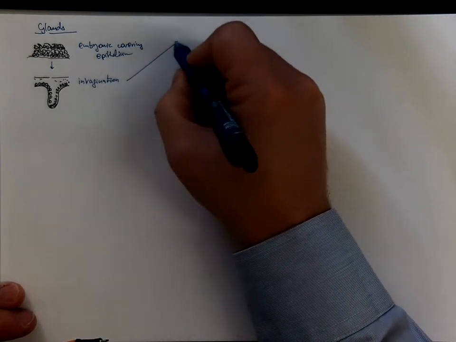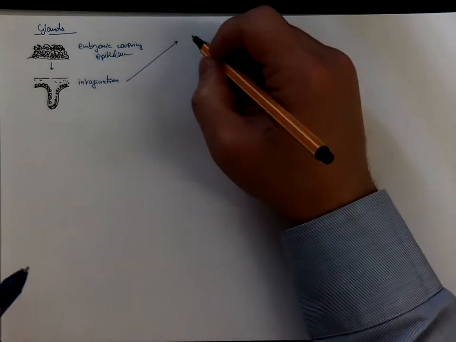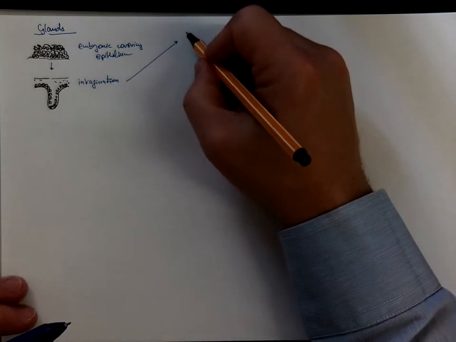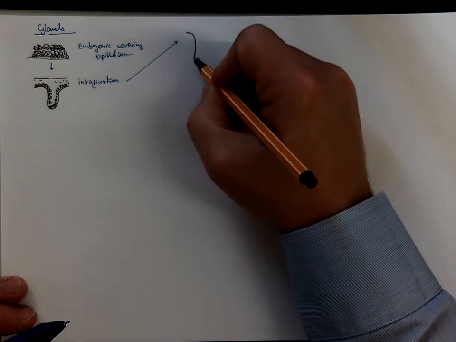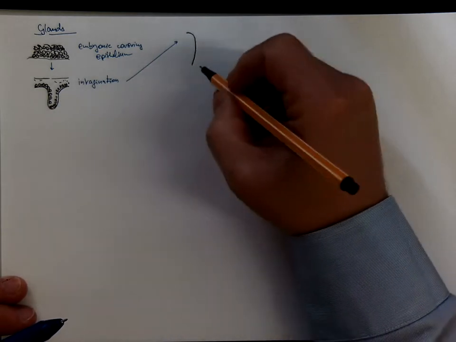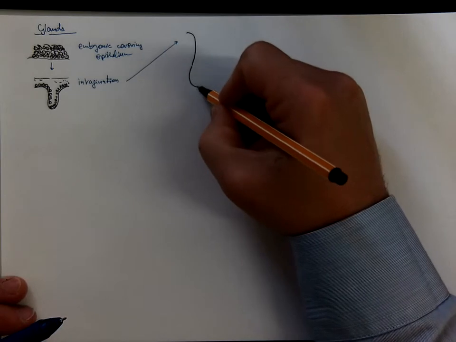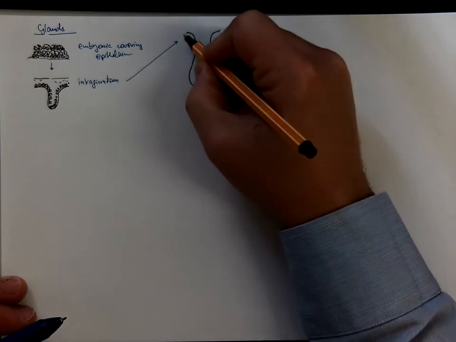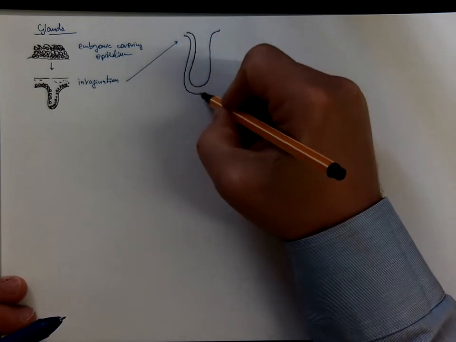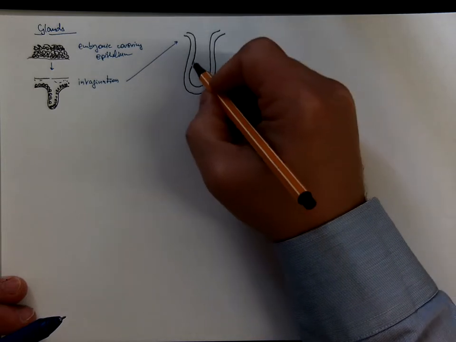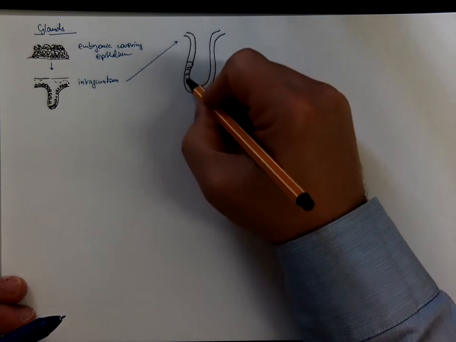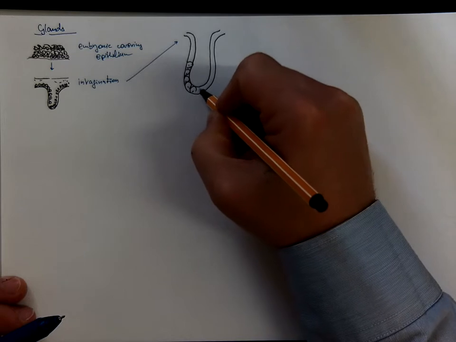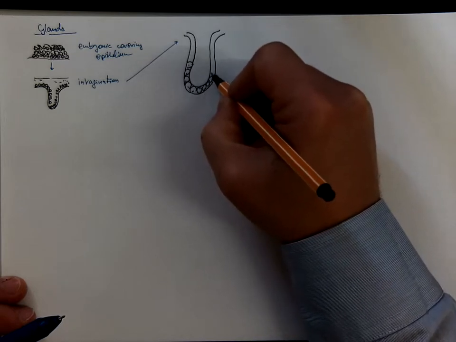And two situations might occur later on. Either the gland that originates by invagination stays connected with the surface, and it differentiates a secretory portion and a duct.